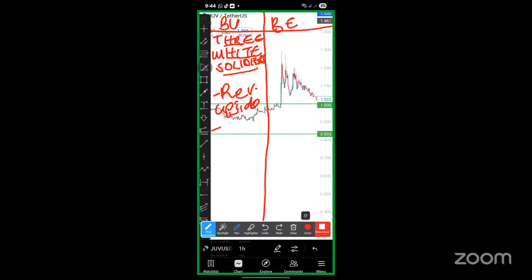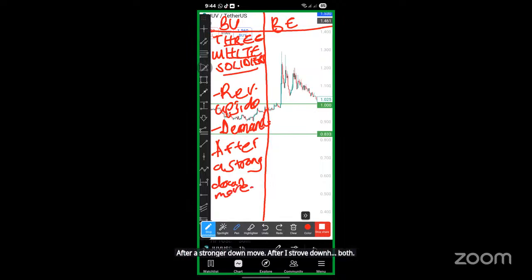It is always significant after a strong down move. Okay, after a strong down move, that's when it becomes significant.